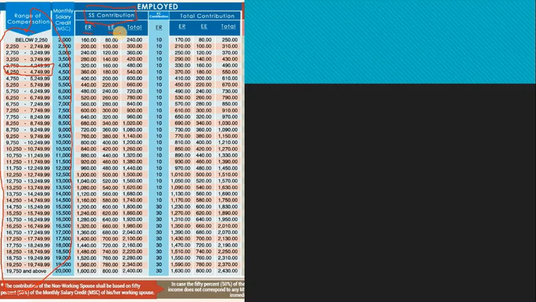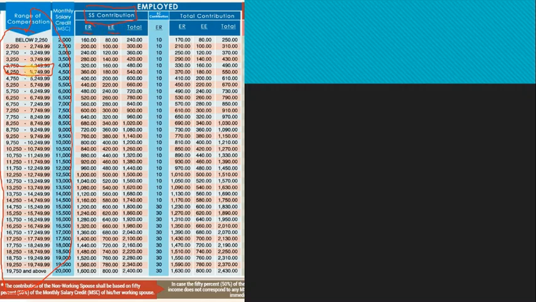As a worker, you are obliged to pay for your membership in SSS. Also, your company or your employer should also have a contribution to you.